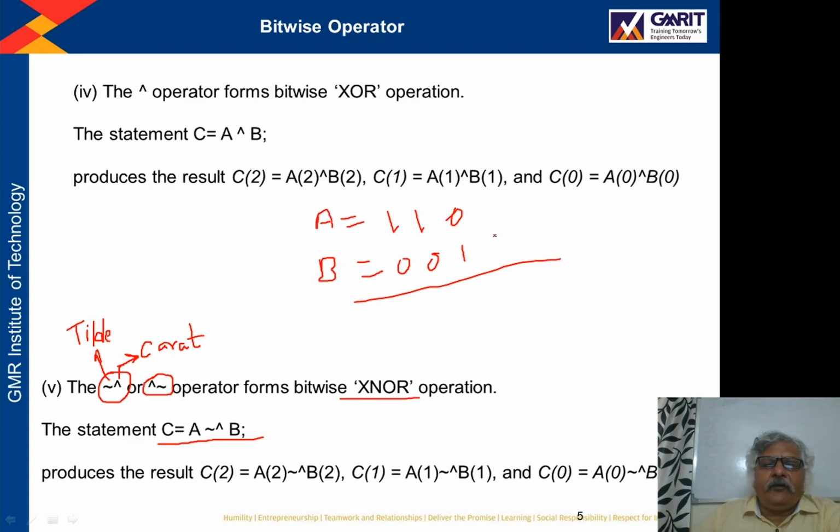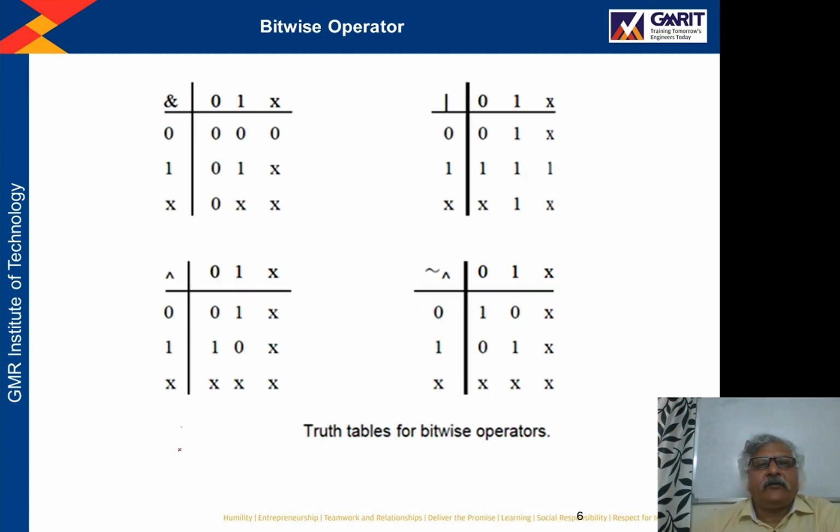So what will be done? The XOR of these two will be 0, 10, 0 1, and this is the result which will be assigned to C, right? So in this way it will perform the XOR operation.